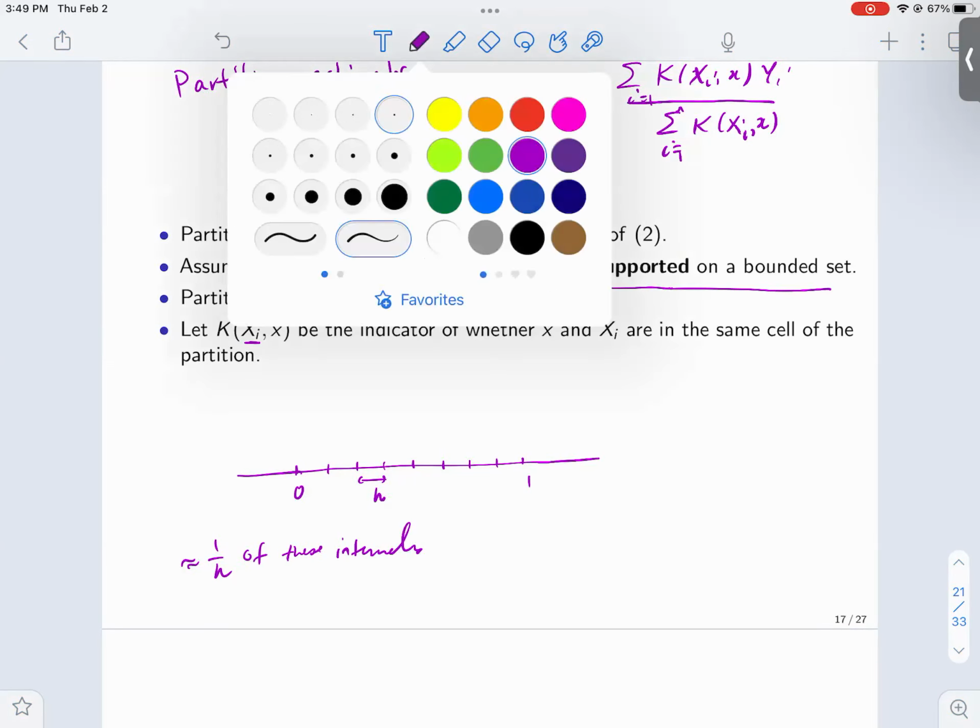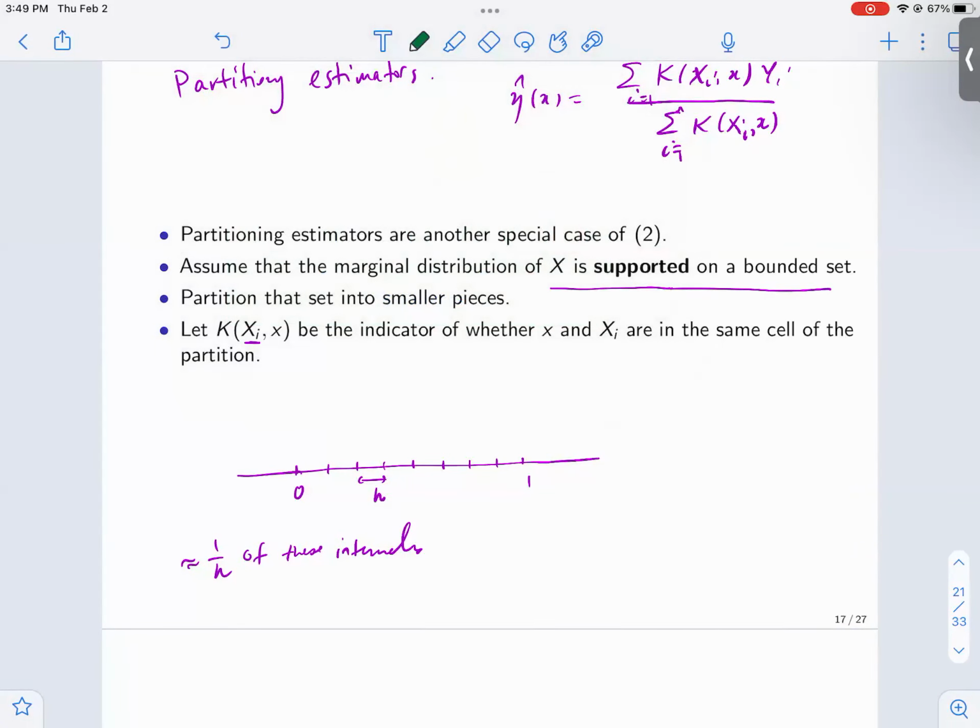When I look at my x's, some of these intervals will have more x's, some of them will have fewer. These are the training x's, and they fall into these bins. For example, you can count in each bin how many you get, and that gives you a histogram, which is an estimate of the distribution.